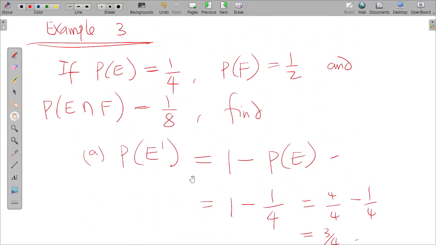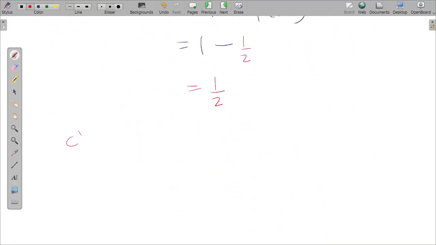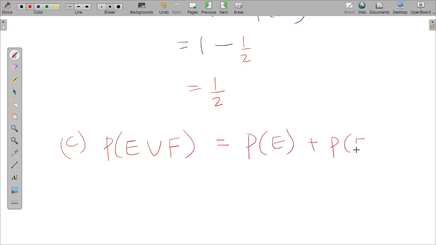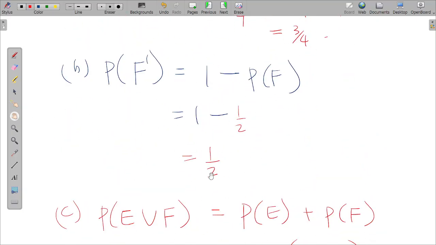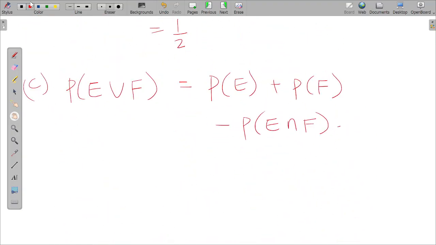Now another one to find is the probability of E union F. To find this, we use the formula P of E plus P of F minus P of E intersect F. Here P of E is 1 over 4, P of F is 1 over 2, and the intersection is 1 over 8. So this becomes 1 over 4 plus 1 over 2 minus 1 over 8.